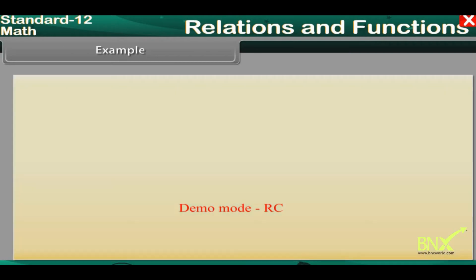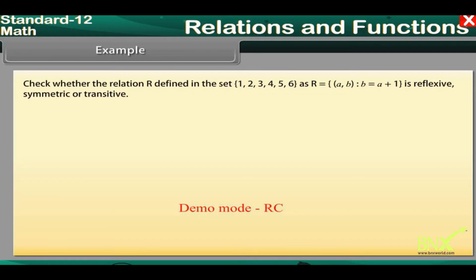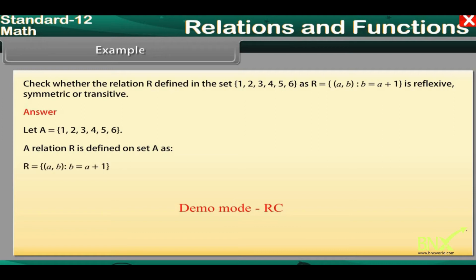Example. Check whether the relation R defined in the set {1, 2, 3, 4, 5, 6} as R = {(a, b): b = a + 1} is reflexive, symmetric, or transitive. Answer. Let A = {1, 2, 3, 4, 5, 6}. A relation R is defined on the set A as R = {(a, b): b = a + 1}.